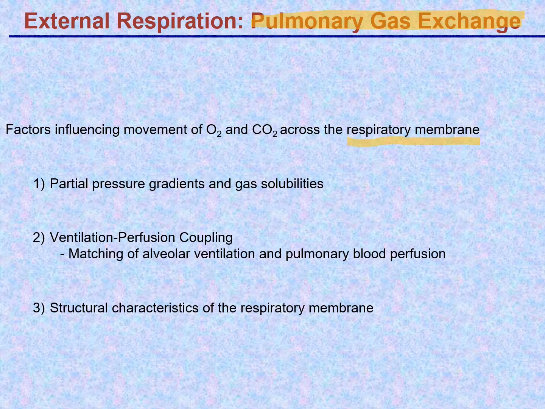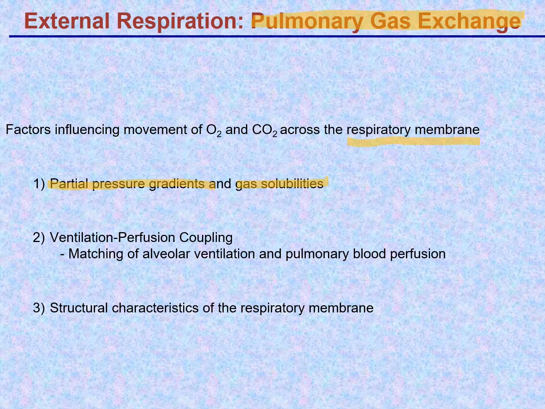Key factors influencing movement, in other words, diffusion, of O2 and CO2 across the respiratory membrane are the partial pressure gradients of each one and the solubility in water of each one.